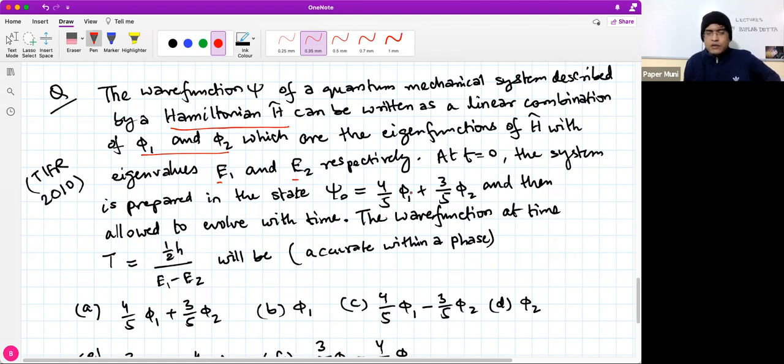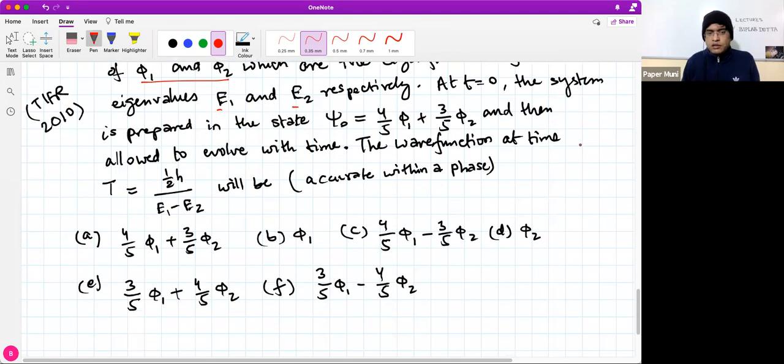And then it was allowed to evolve in time. We just leave the system and let it do whatever it wants to. Now the wave function at time t, the value of the time, is specifically given to you. So at that point of time, what will be the wave function, the complete wave function? Not just the space part, we will also include the time part.